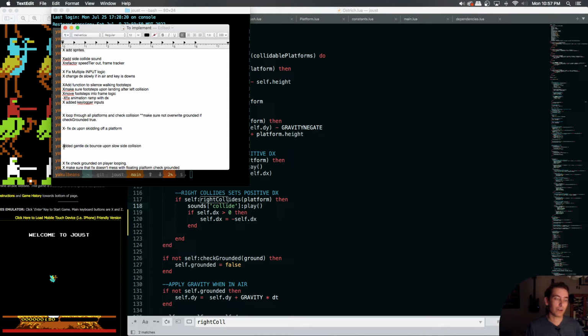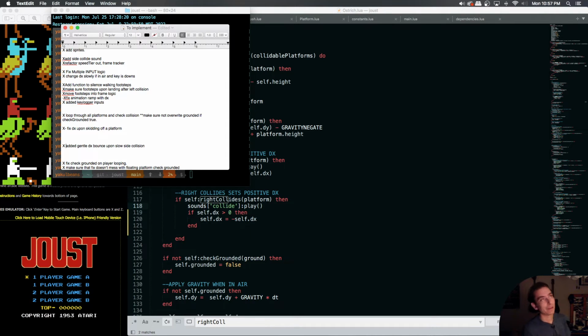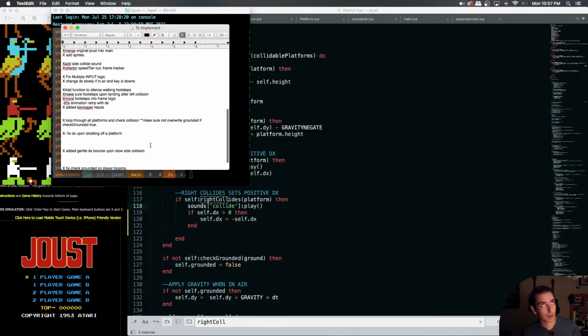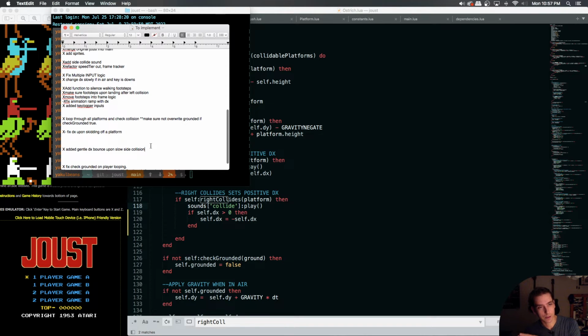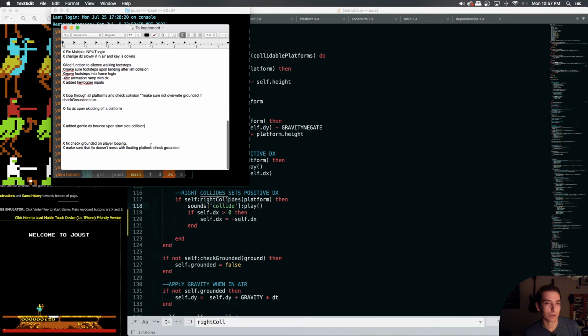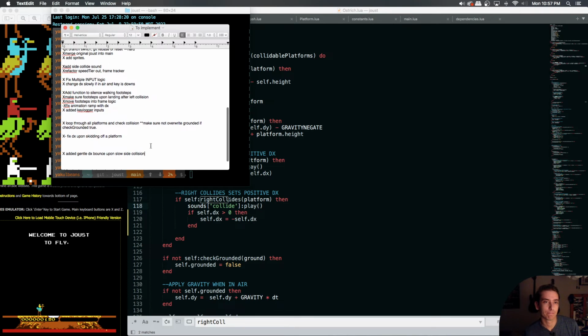And the gentle part comes from not resetting its X position, but to just, you know, slowly bounce it back according to its dx. And dx is just velocity, so x-ward velocity, dy is upwards, downwards velocity.